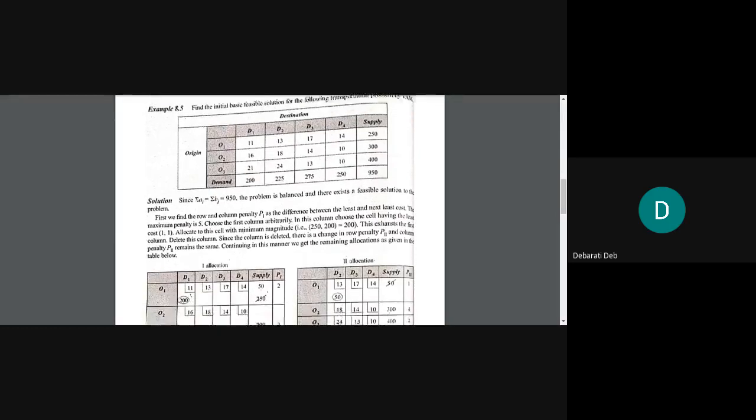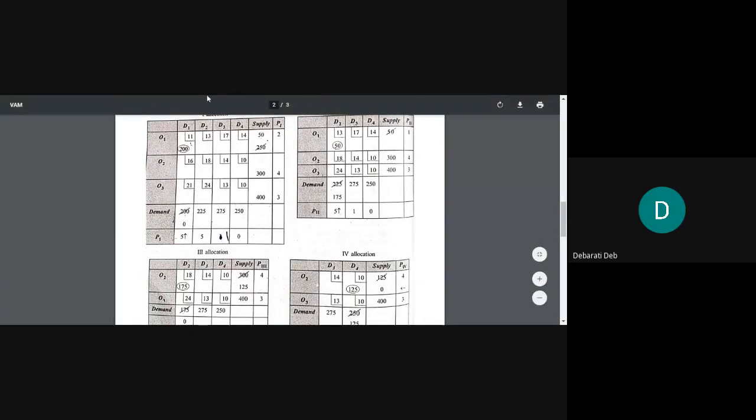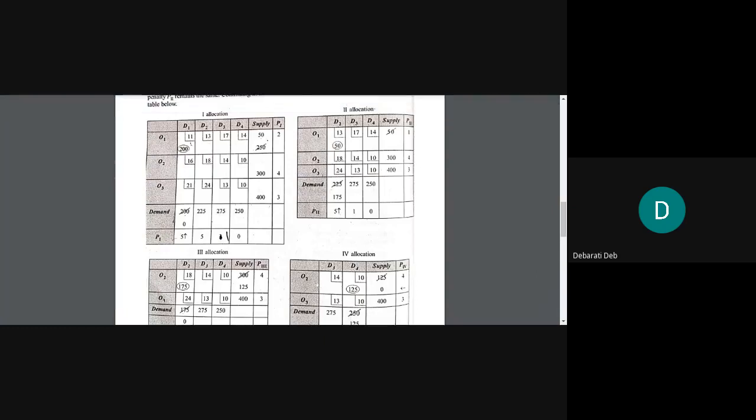Just like the question you will make, but the boxes will be a little bit bigger in order for writing the circled numbers. I hope it is done. Shall I continue? Can I continue rather? Is it done? Preparing the first allocation table? Yes, ma'am. Okay. All right.